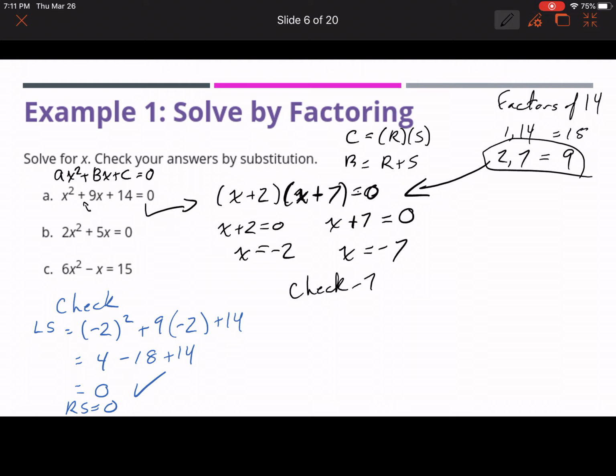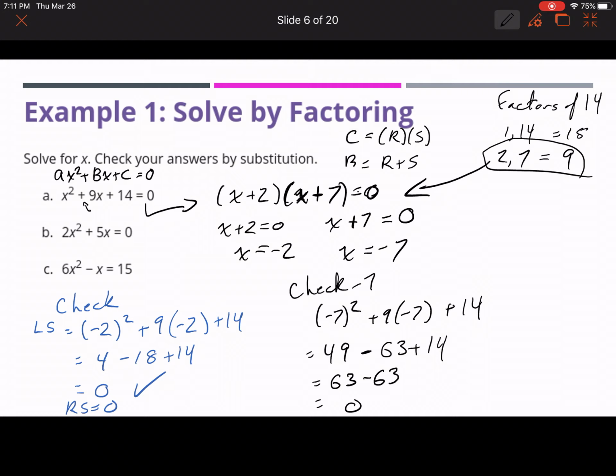So we did a check of -7 squared plus 9 times -7 plus 14. We end up with 49 minus 9 times 7 is 63 plus 14. 49 and 14 is 63 minus 63, which equals 0.